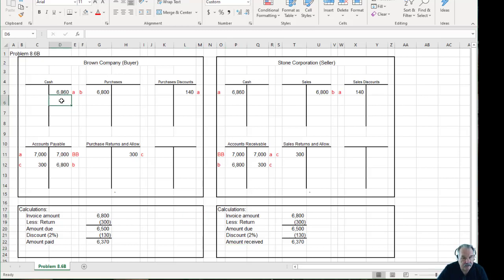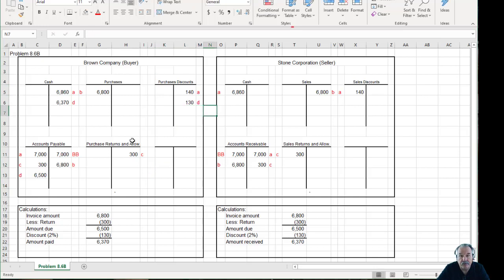We wrote a check over on Brown's books, $6,370. That is the amount we're paying. We have to wipe out the payable at $6,500, and we have a credit to purchase discounts for $130.